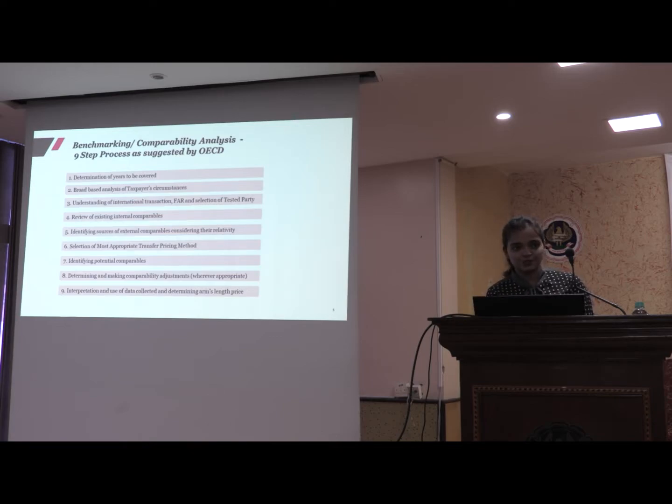We have several adjustments in place which we will cover later. Certain examples would be working capital adjustment, forex adjustment, risk adjustment, which we have made in practical cases where it bridges the gap between the transfer price and the comparability price that we have reached.